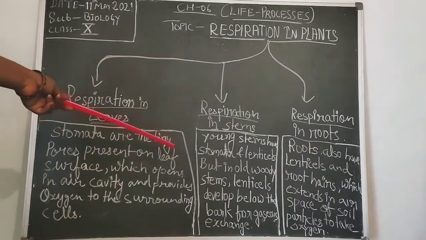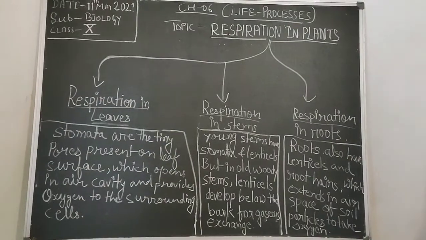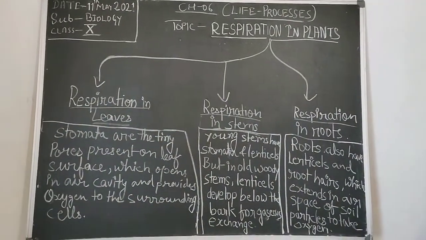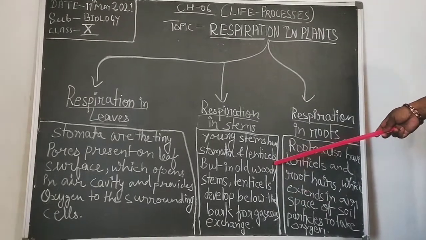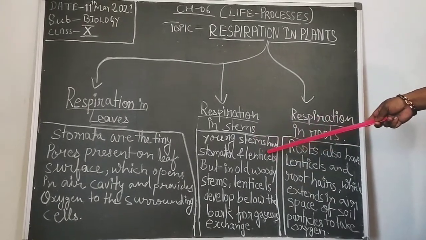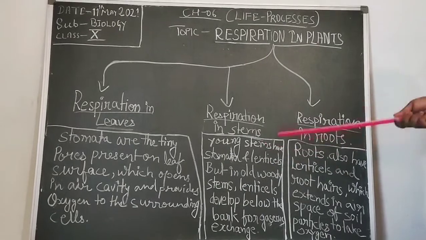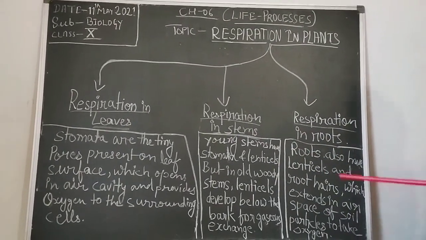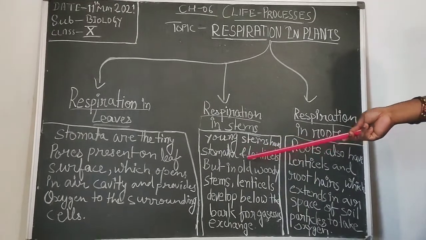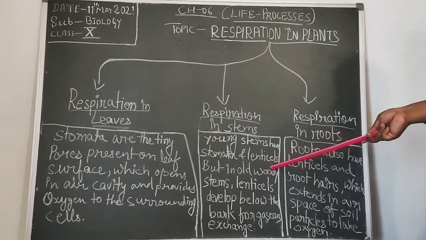In stems, this process occurs through stomata as well as lenticels, because young stems, in small plants like saplings, which look green in color, generally have both of these parts, stomata as well as lenticels.